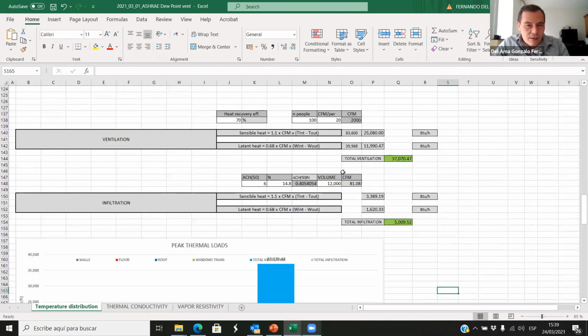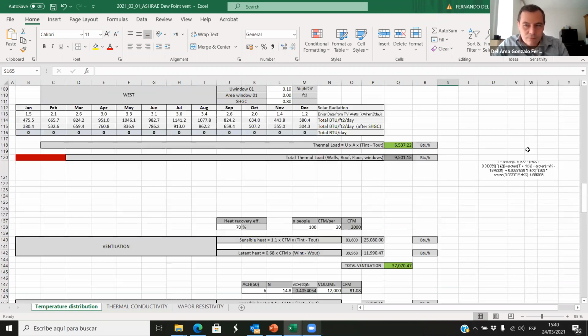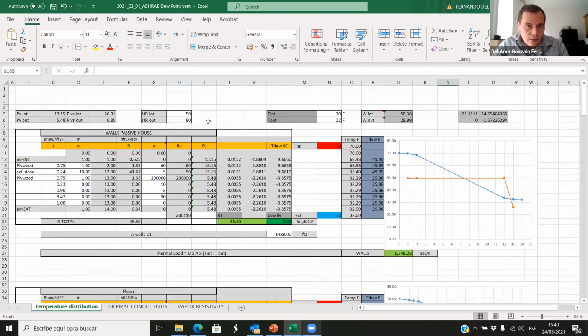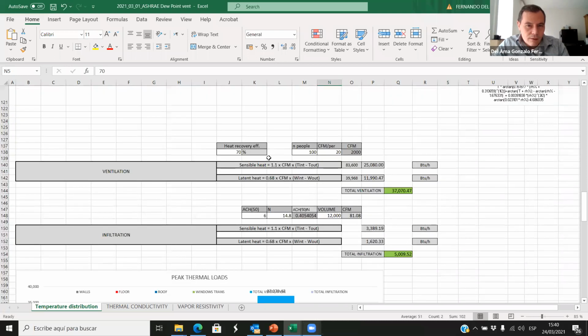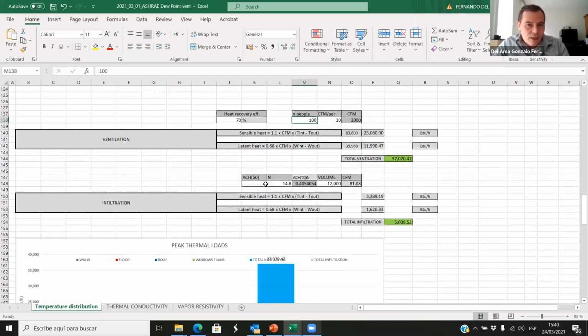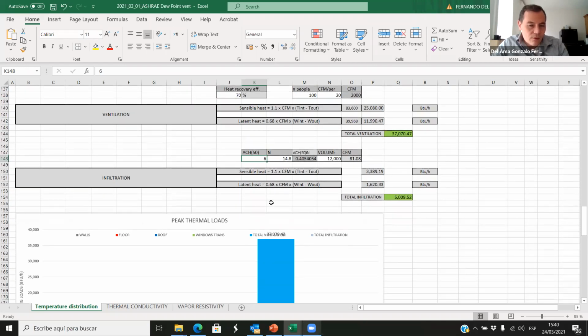And well, I think this tool, we can use that because by entering here the relative humidity and the dry bulb temperature and the number of people, we do have the ventilation loads. And the infiltration loads, if we are analyzing a real example and we have the results of a blower door test, we can type here those results.